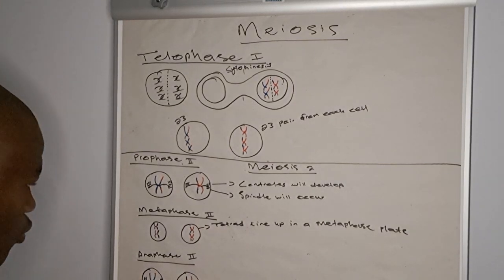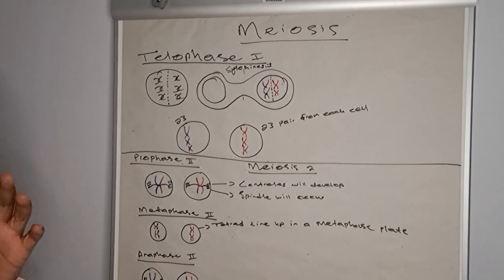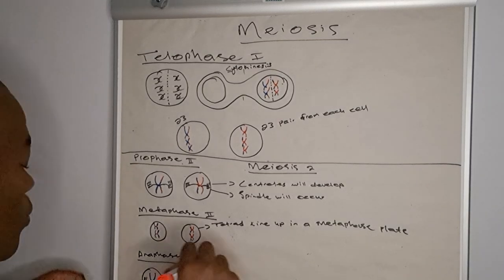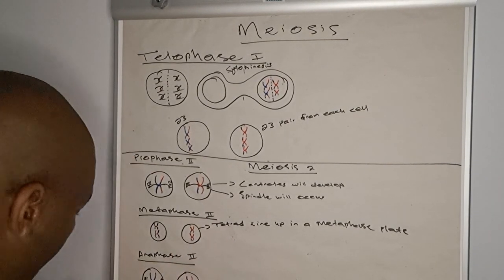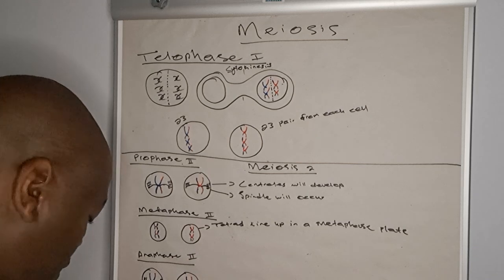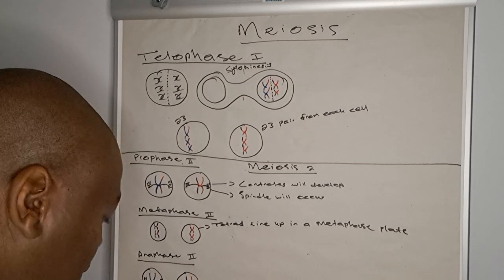Now in anaphase 2, things are lining up smooth and nice here. But if you see these centrioles, you must know that pulling apart will also occur. Pulling apart will occur. We put it here.